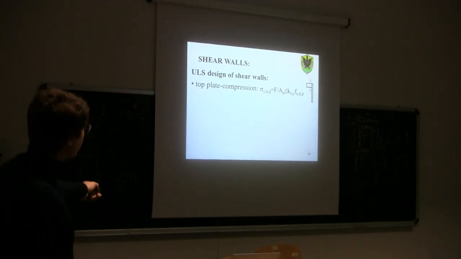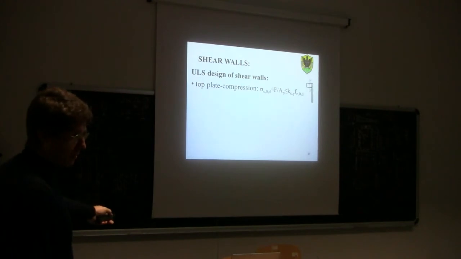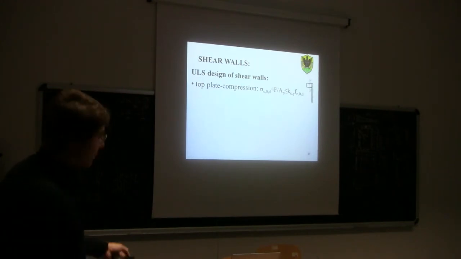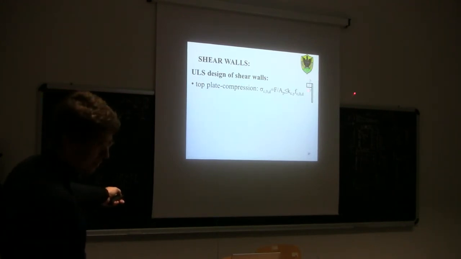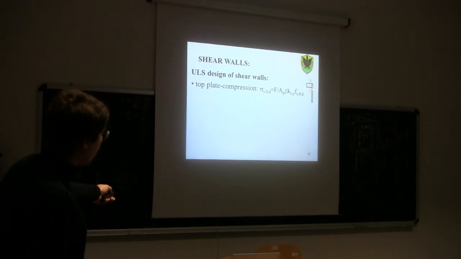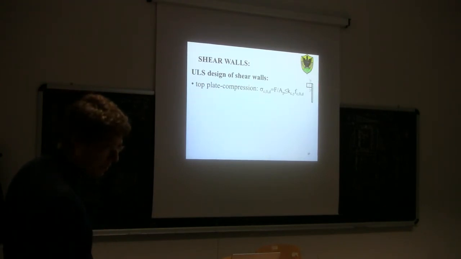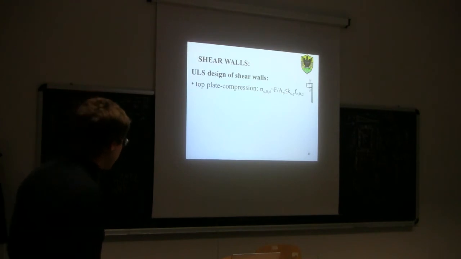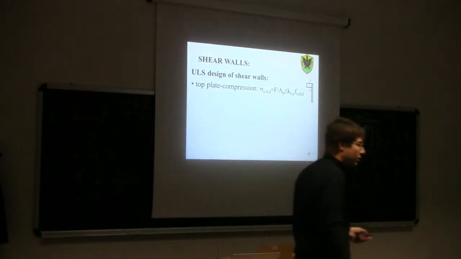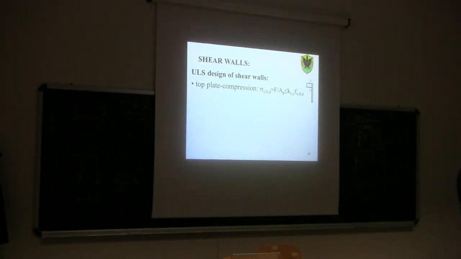So if this is a vertical section of our wall, for the same reason that we were discussing before, this top plate can only buckle out of plane, so around y. It cannot buckle around the other axis, because to buckle around the other axis, it would have to distort the whole sheathing.